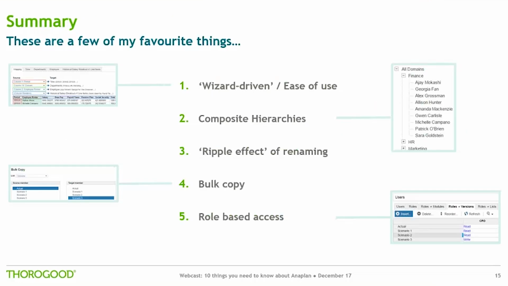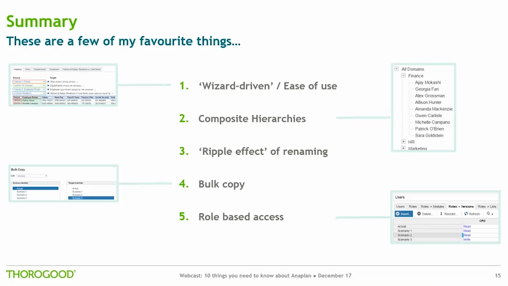I'm just going to summarize quickly what we looked at in our demo, just to recap what we saw there. So the first thing we looked at was the wizard-driven ease of use of Anaplan. So everything has a wizard, it's all clicking through, there's no complex coding to be done. Second was our composite hierarchies, or our parent list, as it calls, so where we had the employees rolling up to different departments.